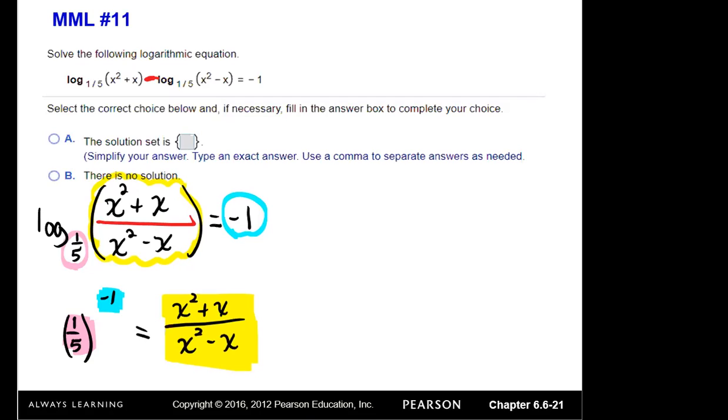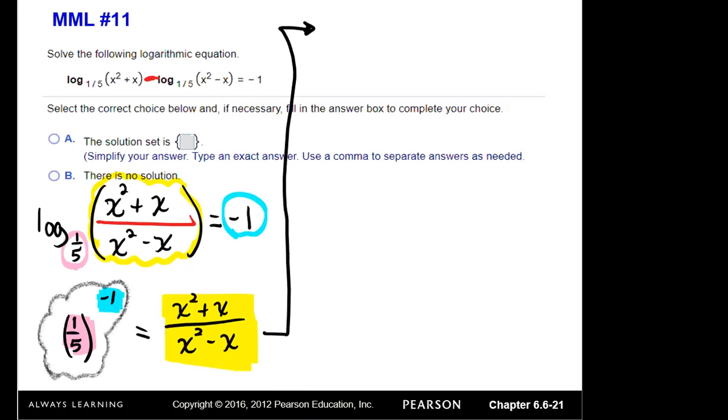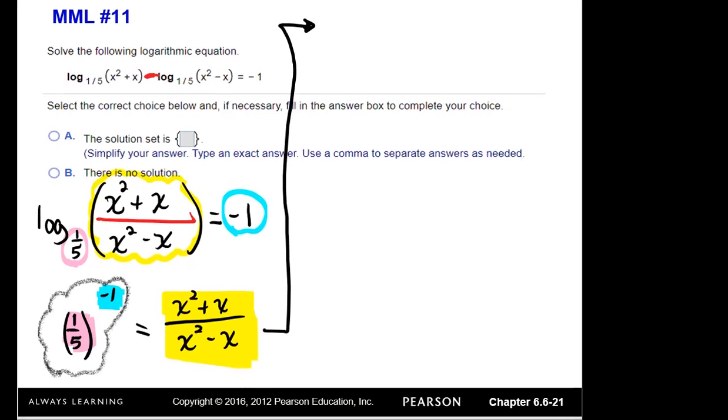Now, follow me. If you have this 1/5 to the -1st, if you flip the 1/5 over, then you have 5/1 to the +1st, which would be just 5 to the 1st, would just be 5.